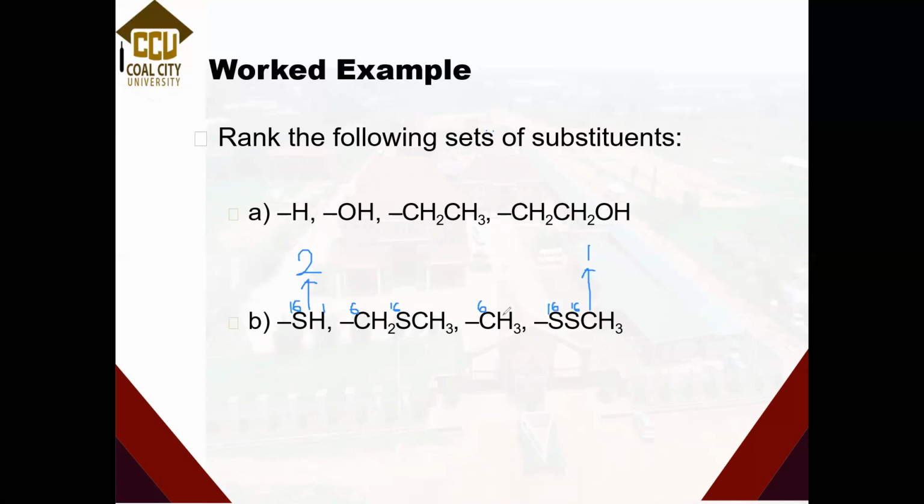Okay, so 1. Therefore, this one automatically gets priority 3. And this gets priority 4. So you can see sometimes priority 4 is not hydrogen. It can also be other atoms depending on the substituent around that particular atom. So that is how to solve that. Very simple and straightforward.